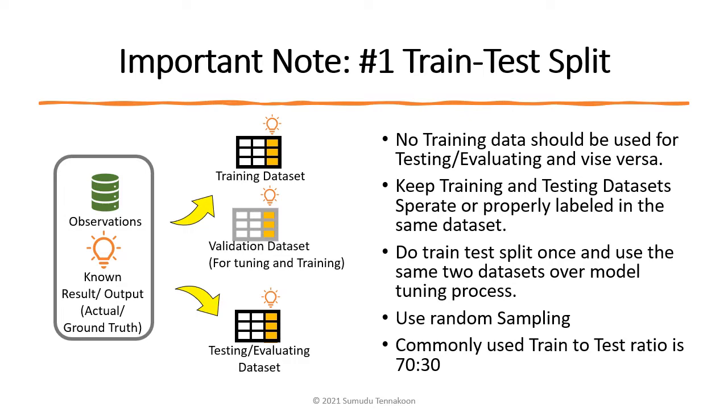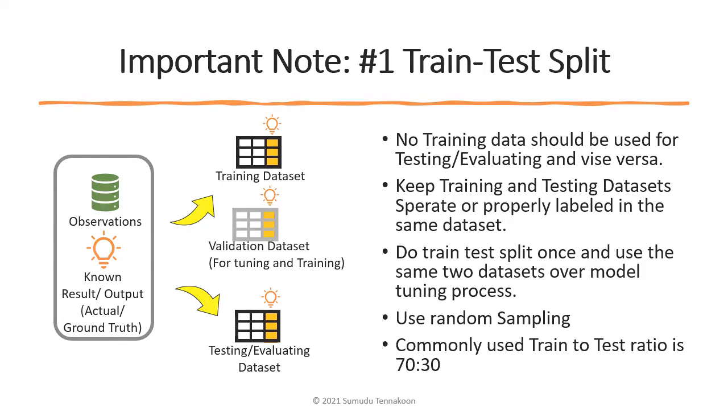You don't need to write your own code; it is a simple one-line call. A commonly used train to test ratio is 70% and 30%. You use 70% of your data for training and 30% for testing. That 30% is what we are mainly focused on in this lesson, since it is what we use to evaluate your model.